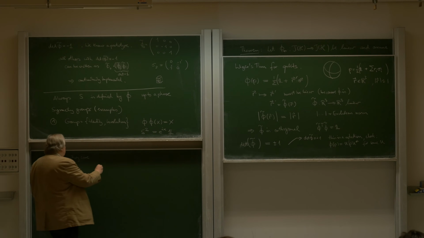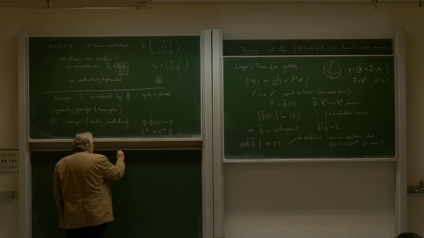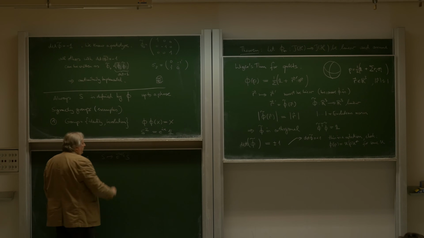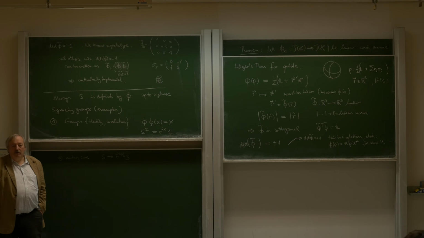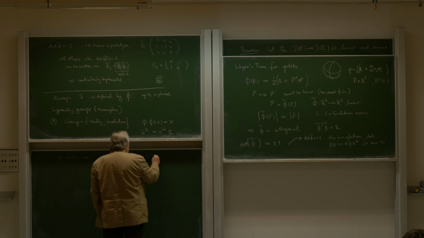There, without changing anything, we can replace S by e to the minus i alpha S. That will be an operator that implements the same symmetry, but has the additional property that S squared is now equal to 1.